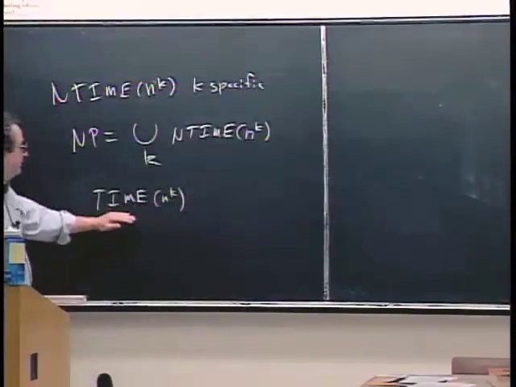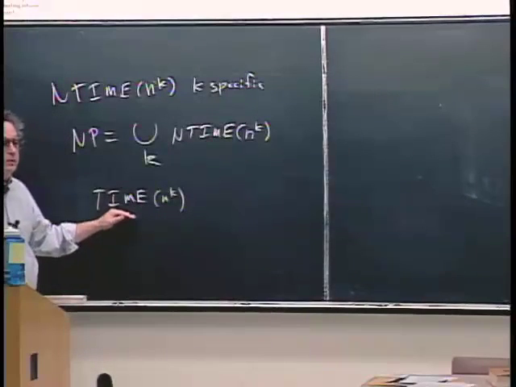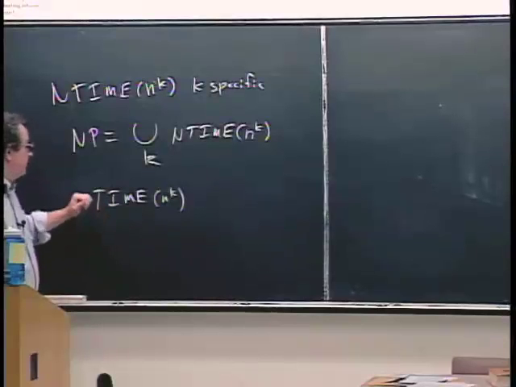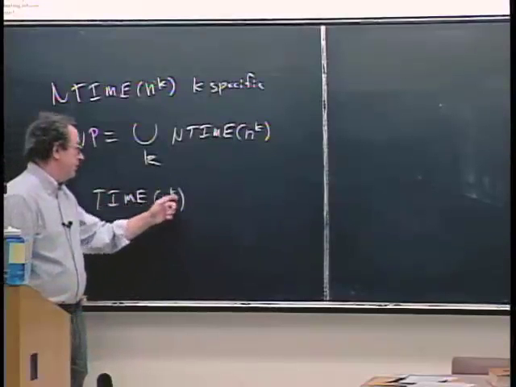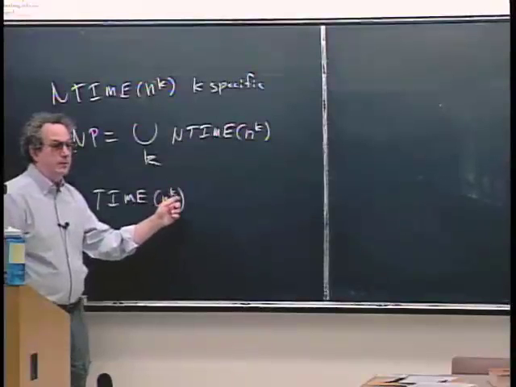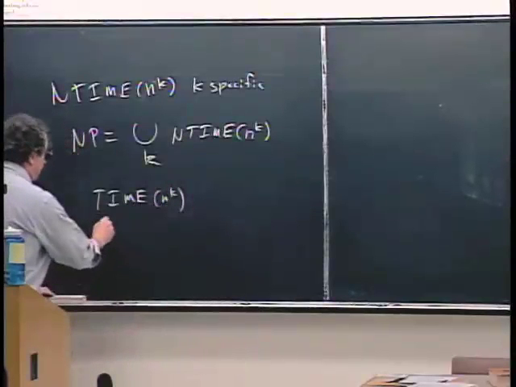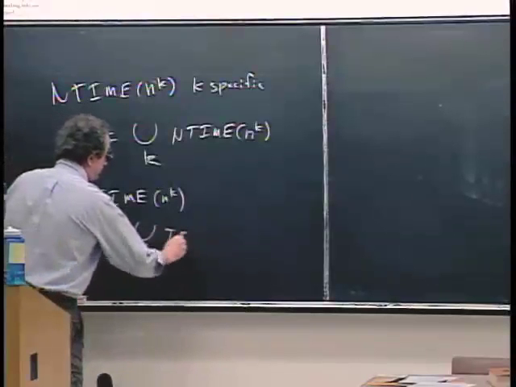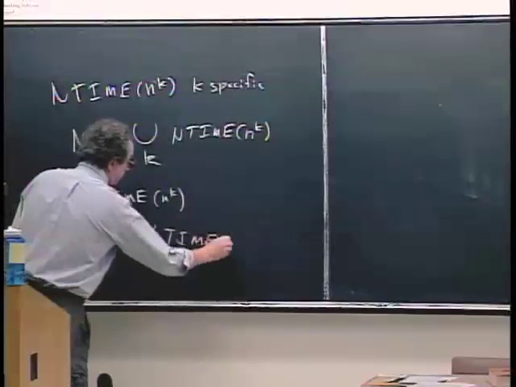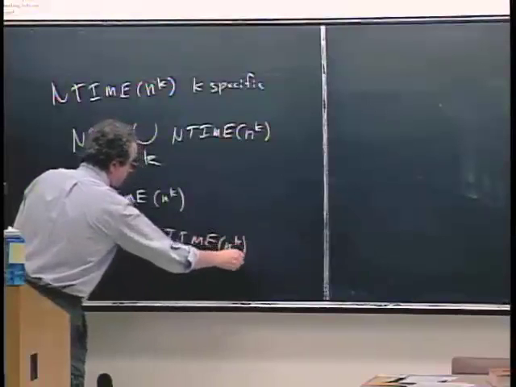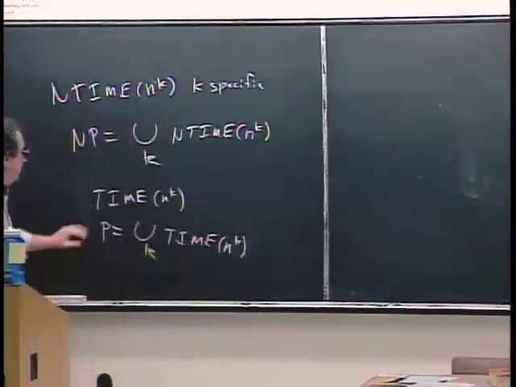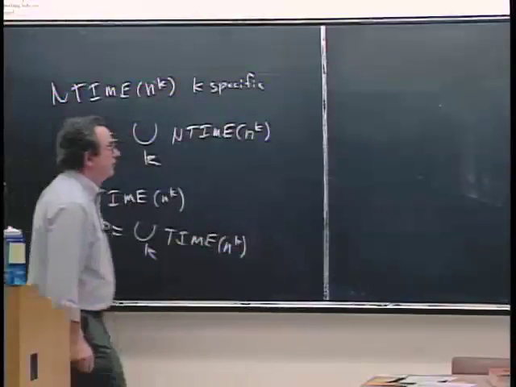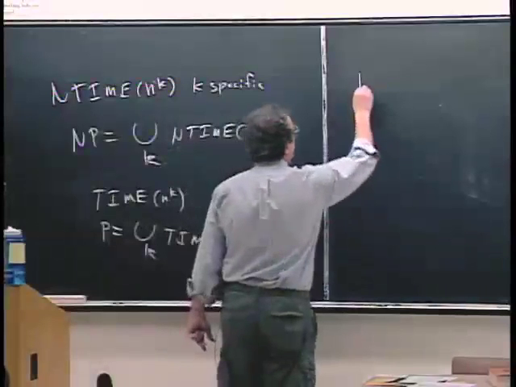This is the set of languages that can be decided by a deterministic Turing machine whose running time is bounded by n to the k. Okay? And then we similarly had P is equal to the union over k of time n to the k. Okay? So again, just repeating what we did last time.